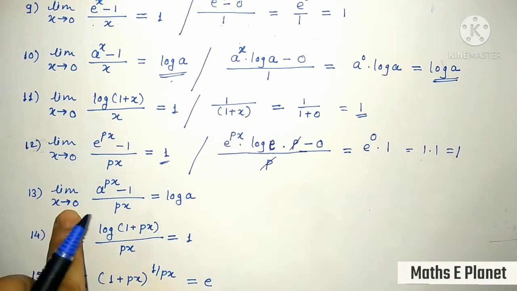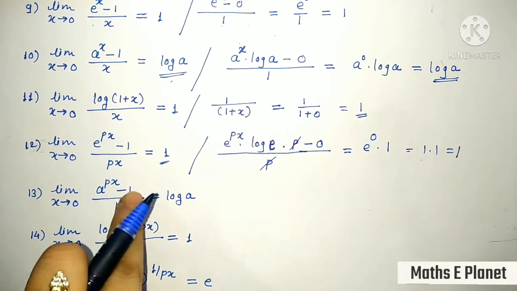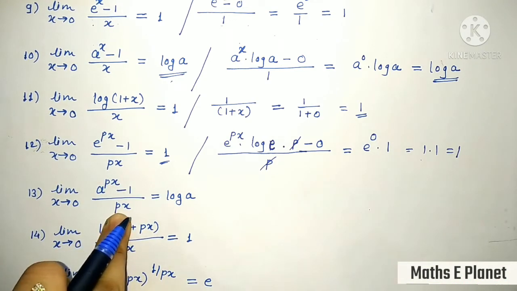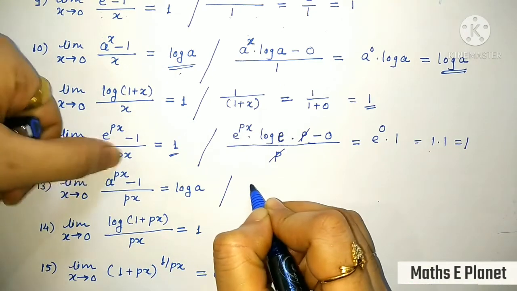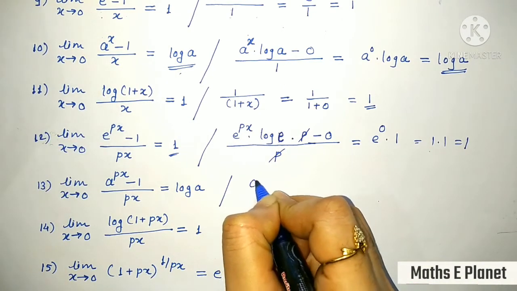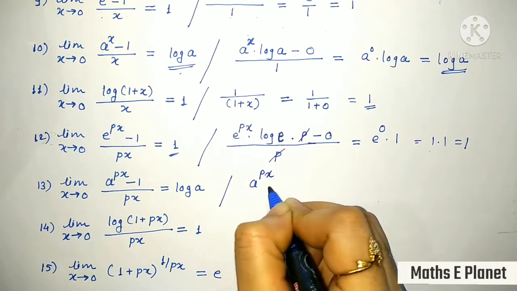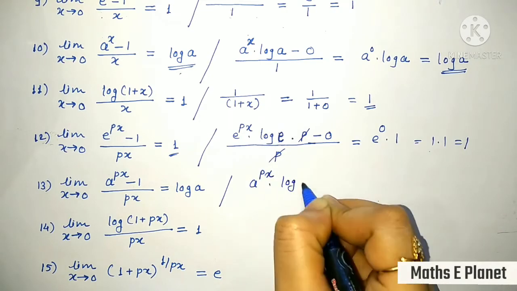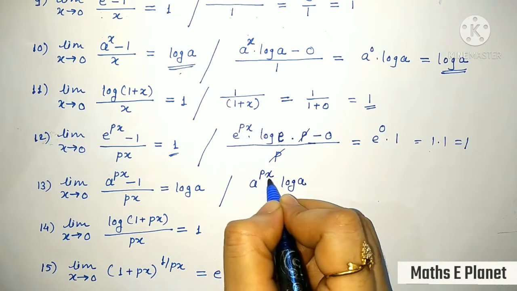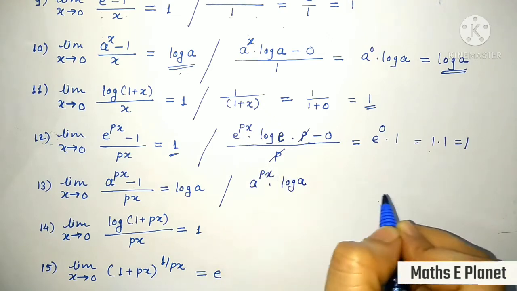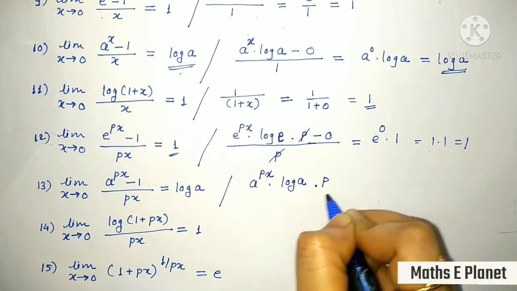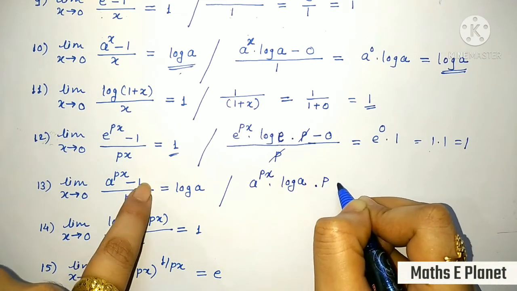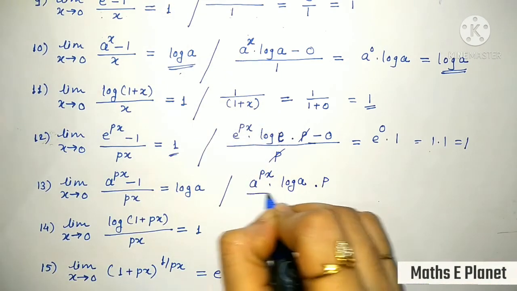Limit x tends to 0, a raised to px minus 1 divided by px is log a. Take the differentiation. The derivative of a raised to px is a raised to px into log a, but there is not only x, there is px, so take the derivative of px and it is p. The differentiation of 1 is 0, so I am not writing it here.